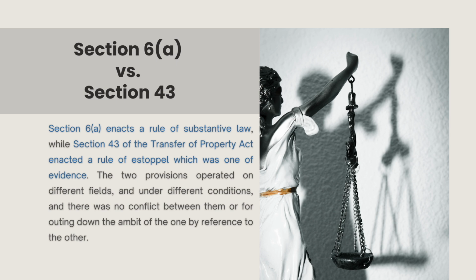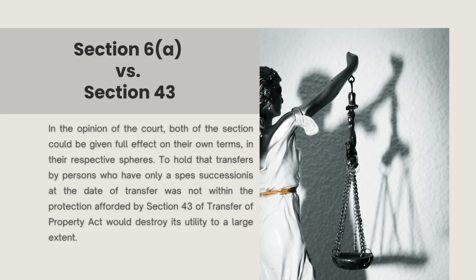Section 6A enacts a rule of substantive law, while Section 43 of the Transfer of Property Act enacts a rule of estoppel, which was one of evidence. The two provisions operated on different fields, under different conditions, and there was no conflict between them or for cutting down the ambit of one by reference to the other. In the opinion of the court, both of the sections could be given full effect on their own terms in their respective spheres.